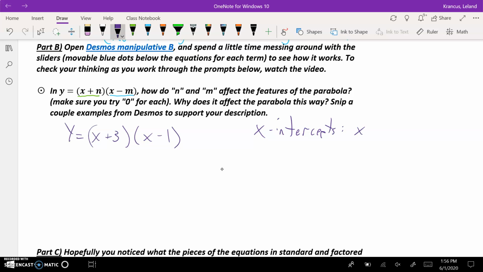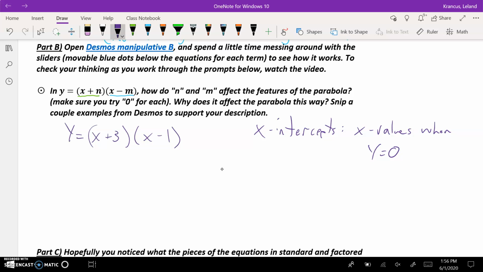So x values when y equals 0. Let's look at our equation and think, why would these two numbers, in this case a 3 and a negative 1, tell us what our x-intercepts are?